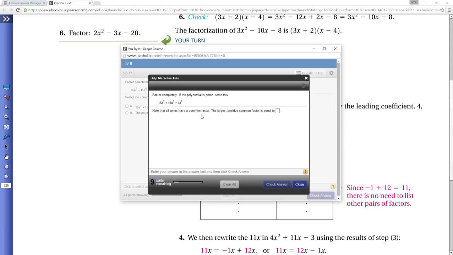But they don't talk about it here in this example. But what is my greatest common factor between all these terms here? Well, I can look at it and say, this is 2 times 2 times 2 times 2 is 16, and then a is a factor 7 times to make that. And 15 is 1 and 15, and 3 and 5 are the prime factors of that.